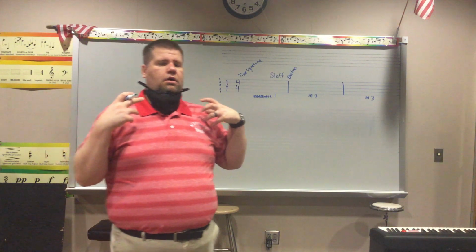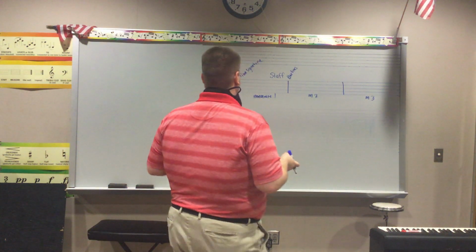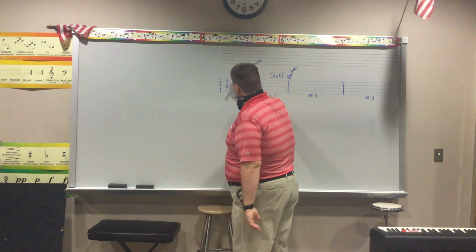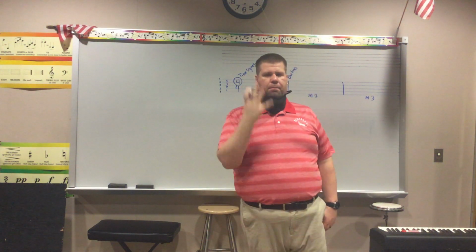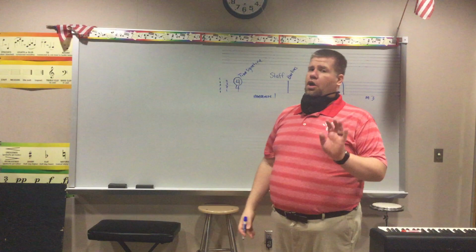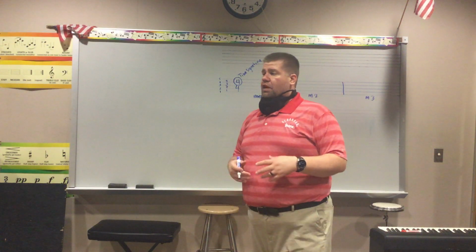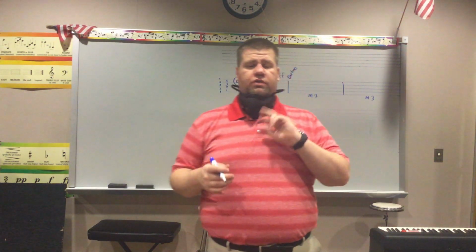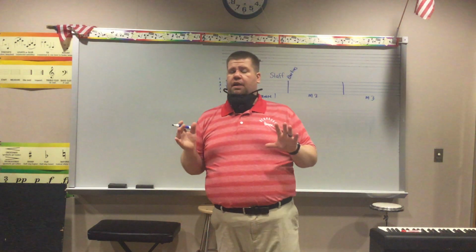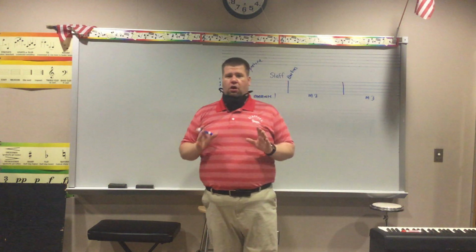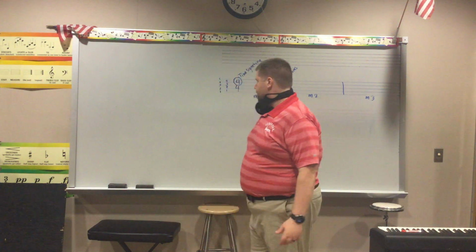According to the time signature, the top number, we are only allowed to have 4 beats per room. Not 4 notes, 4 beats. You could have 2 notes in the measure and it would fulfill 4 beats. It just all depends.